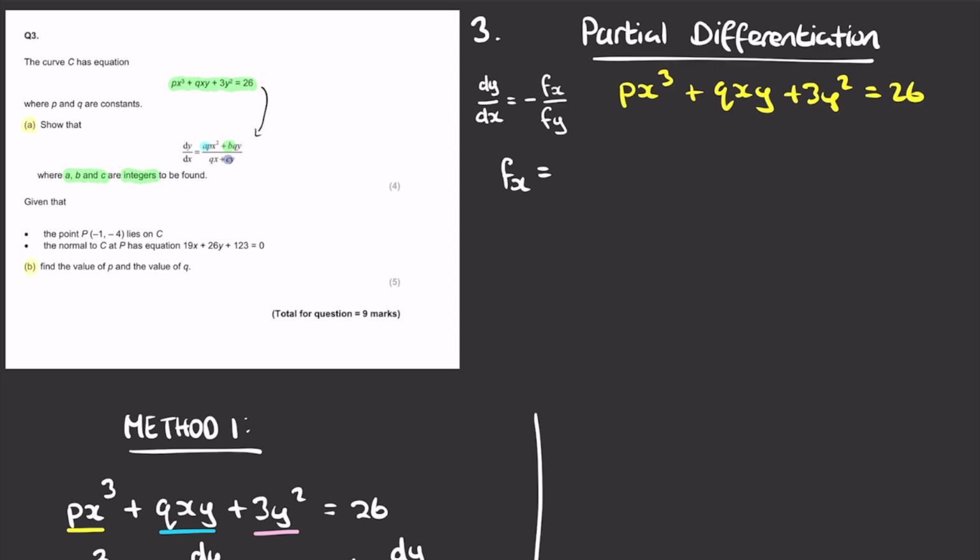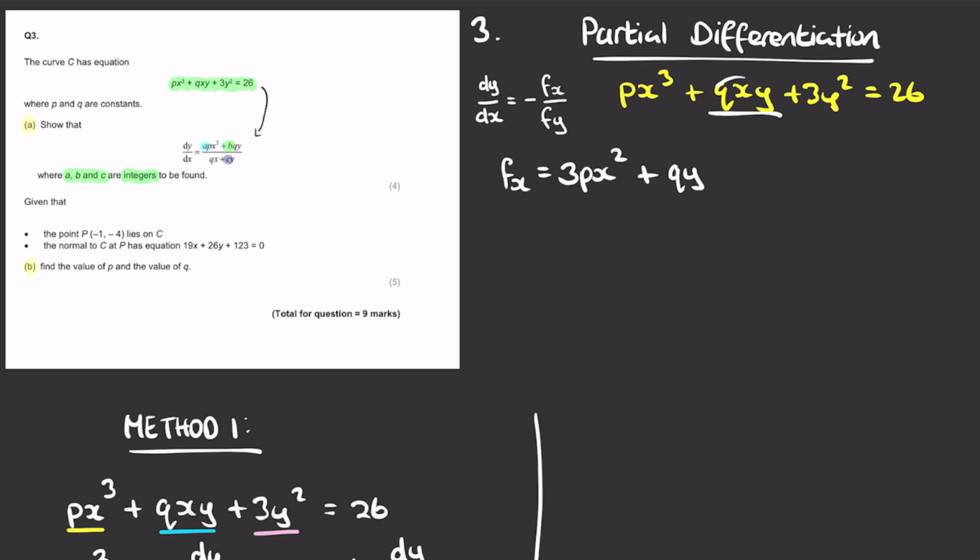So we have px cubed, right? To differentiate that, it's just 3px squared, because there's only x here, it doesn't matter, you just differentiate normally. Now with this one, you just do plus qy, right?